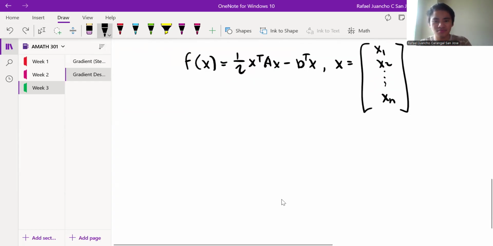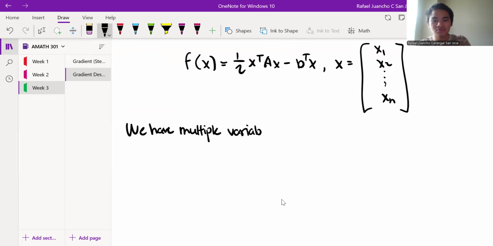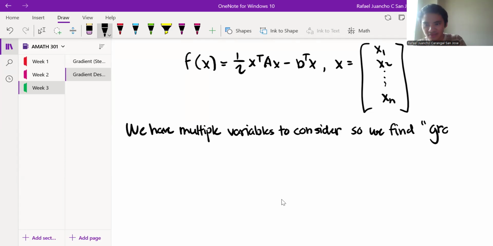So we find not the derivative, but this thing that we call the gradient.